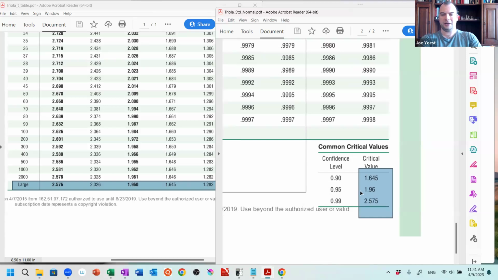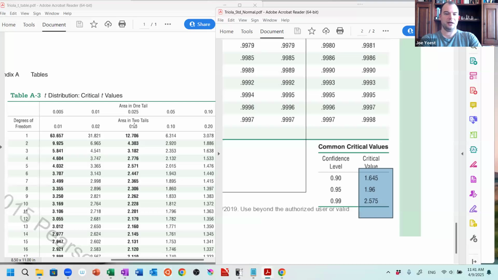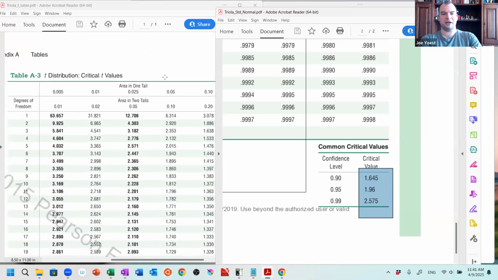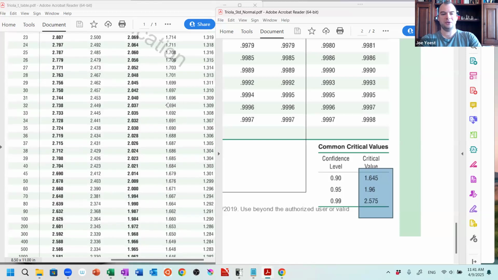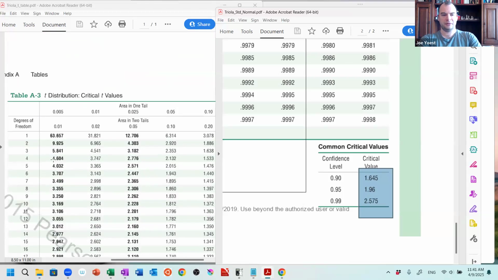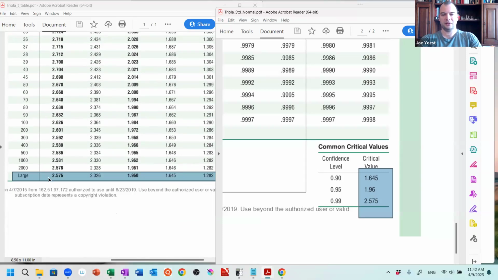A 95% confidence interval, which would be 5% combined area between two tails, 1.96 for the index. A 90% confidence level, which would be 5% area in one tail or 10% in two tails, 1.645, and 99%, which would be 1% area combined between two tails, or 0.5% area per tail.